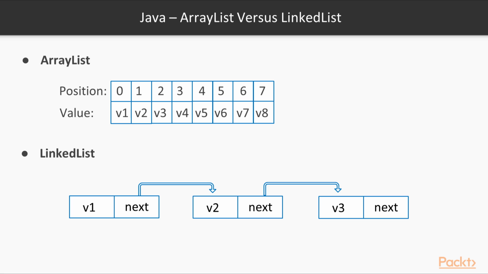The obvious advantage of this implementation is adding and removing random elements. While in array lists, adding an element in the middle of the list would require at least a full iteration, in a linked list it all comes down to changing the pointers to reflect the new order. No other operation is needed.